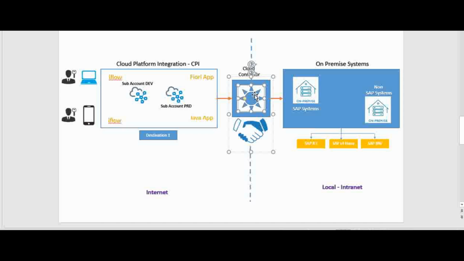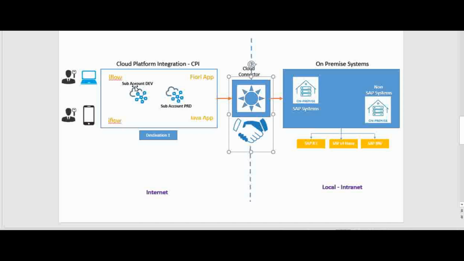That will be registered so that any request coming via this subaccount dev, the cloud connector will understand. Otherwise, any request coming to this cloud connector without this subaccount will be rejected. So now the cloud connector will know from which place I should accept the request.